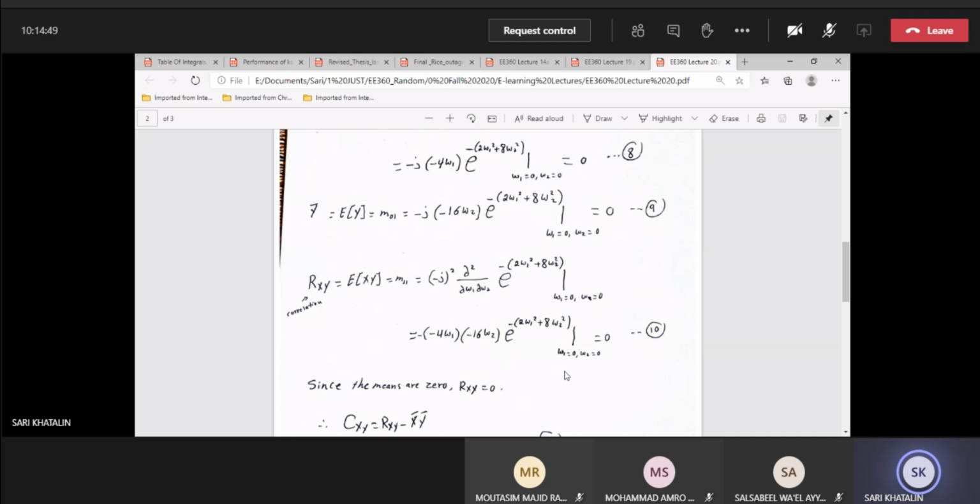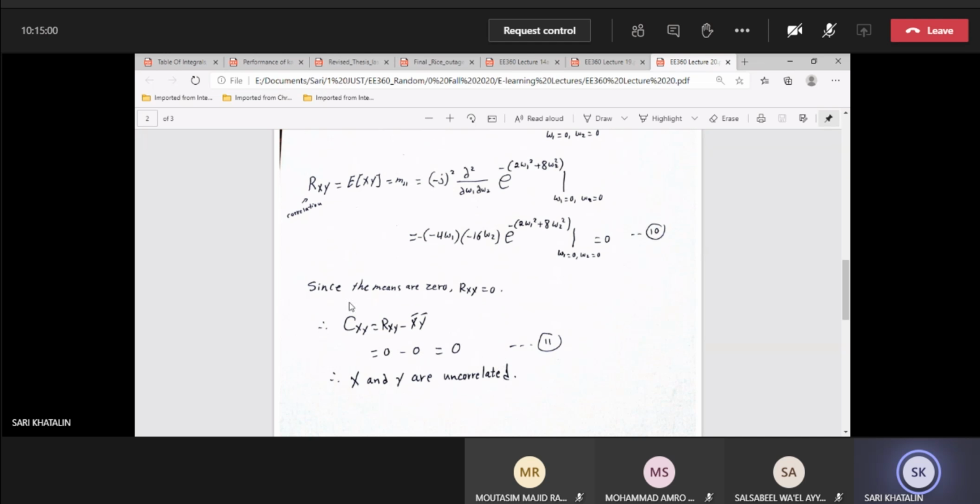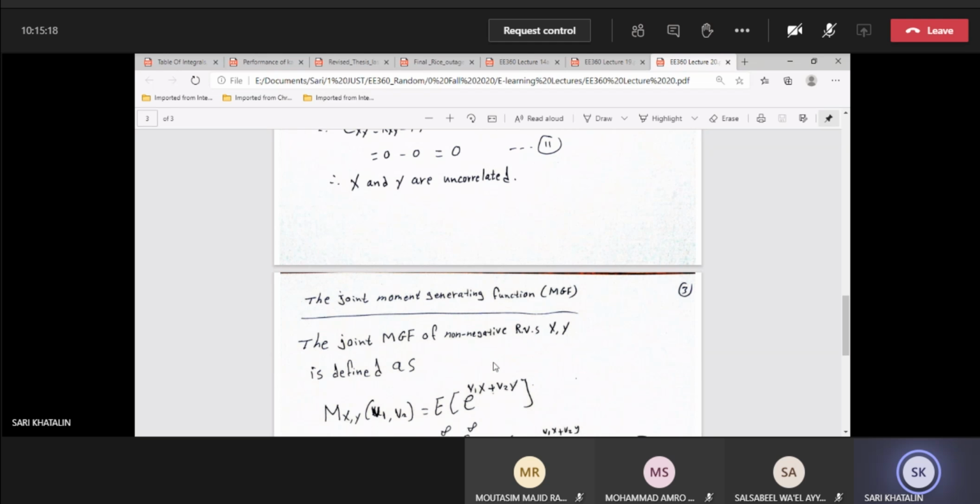Since the correlation of x and y is 0, and the means of x and y are zeros, then this function, equation 11, which is the covariance of x and y, is also equal to 0. Which means in this case, x and y are uncorrelated or independent, because everything is 0 in here.